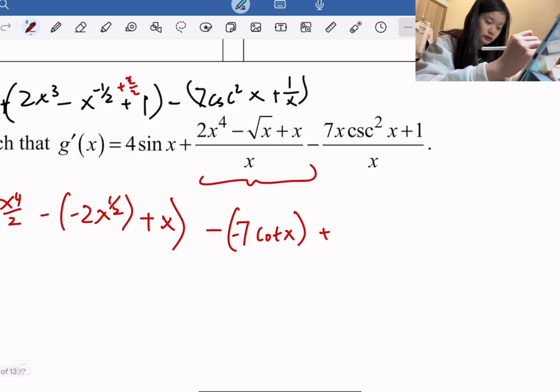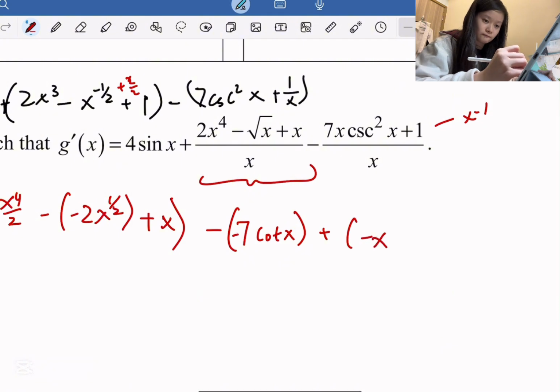So this is x to the negative 1, so it's negative x. Is that right? Wait. 1 times negative 1 x 0.